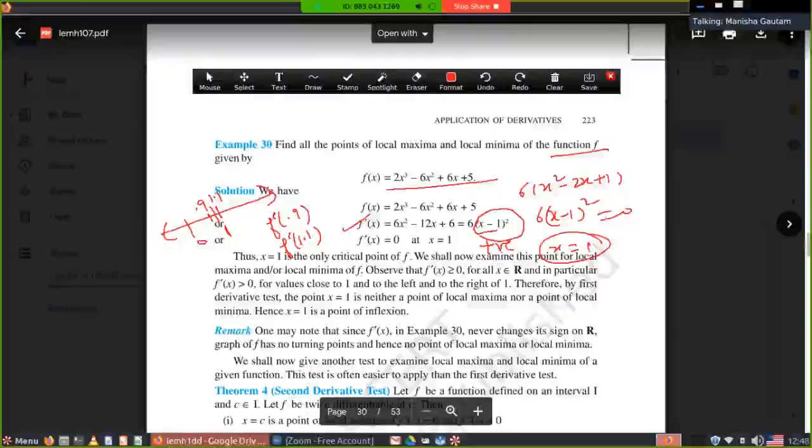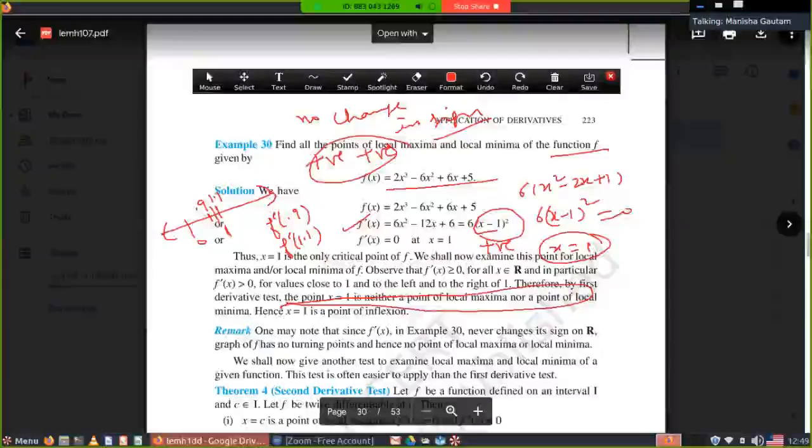It means positive to positive, so no change in sign. No change in sign means neither maxima nor minima will be there at x is equal to 1. This is the point you have to note down. This is a point of inflection. At x is equal to 1, there is a point of inflection because you are getting neither maxima nor minima. No change in sign is there.